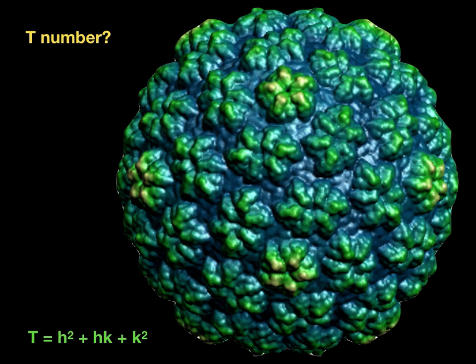So first thing we want to do is find the pentamers. Can we see the pentamers? So here we have the pentamers. This would be the side of the icosahedron.